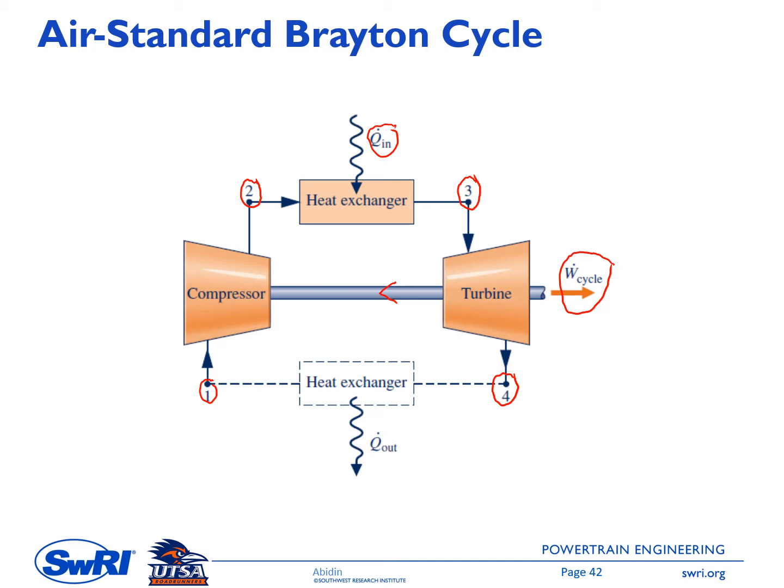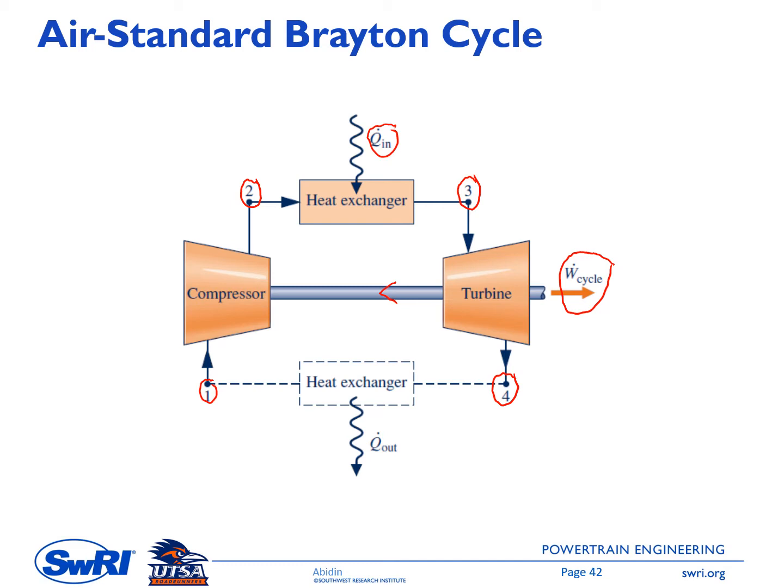And then there will be heat transfer from the working fluid at state 4 to the mixture in the surroundings, which brings state 4 back to state number 1. Okay, so this is the idea behind this Brayton cycle.